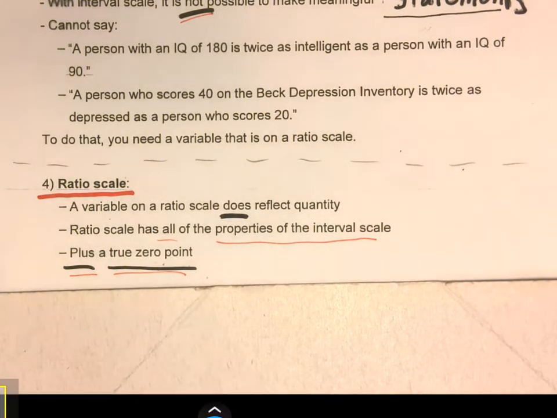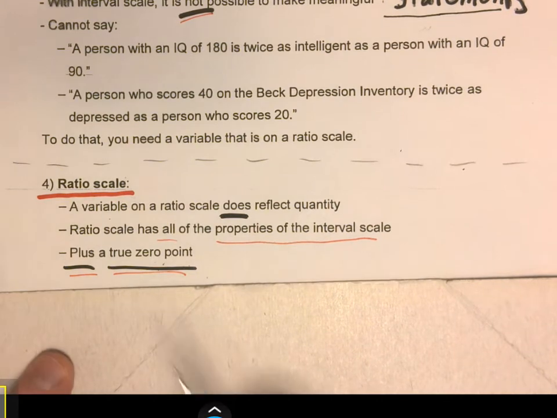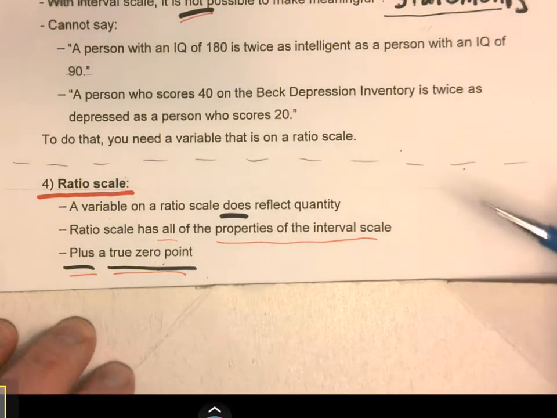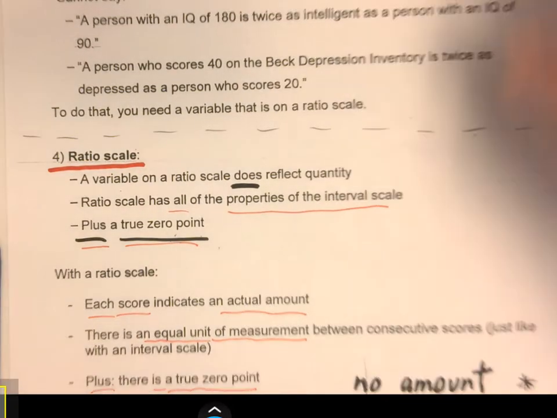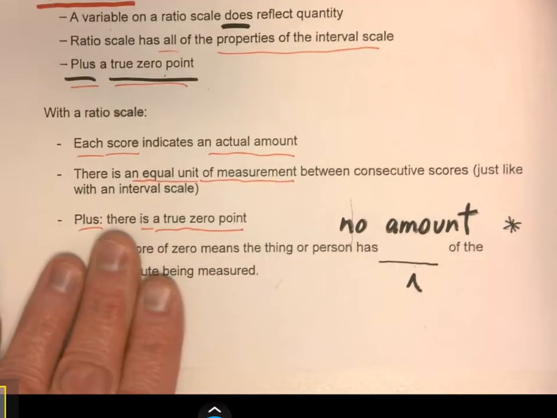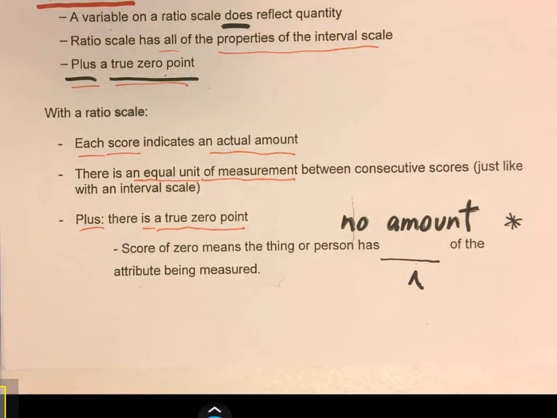Think of a ratio scale as being like an interval scale on steroids. It has all the good properties of an interval scale and has one additional property, a true 0 point. With a ratio scale, each score indicates an actual amount, is an equal unit of measurement between consecutive scores, just like an interval scale. But if it's on a ratio scale, you have a true 0 point.